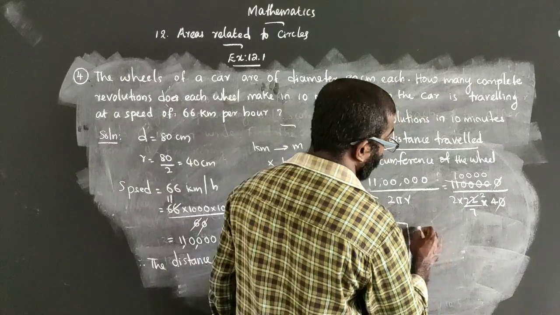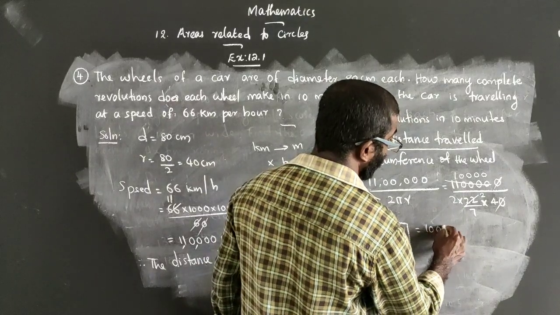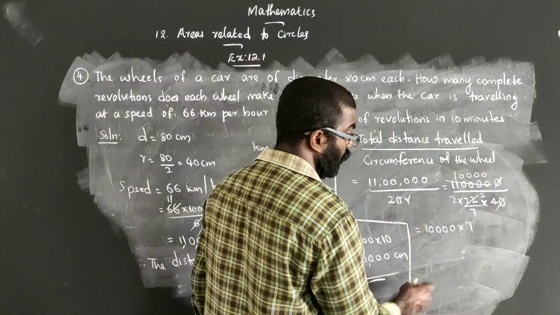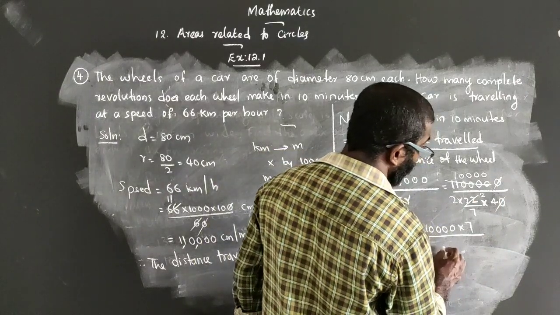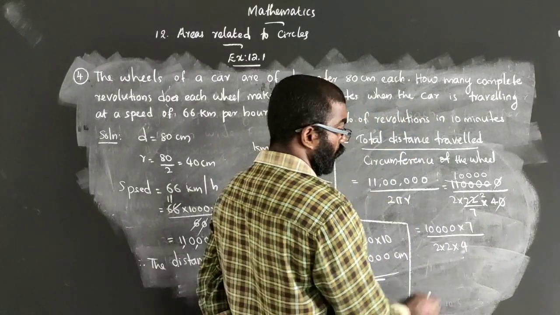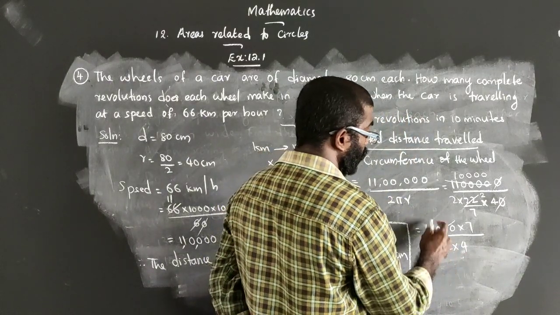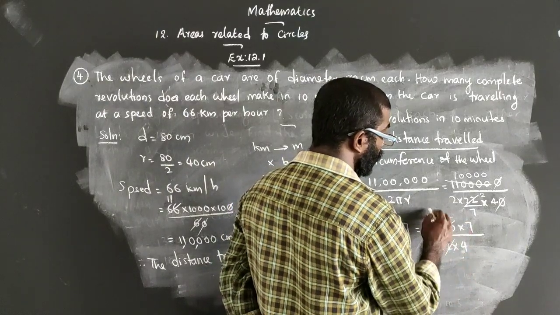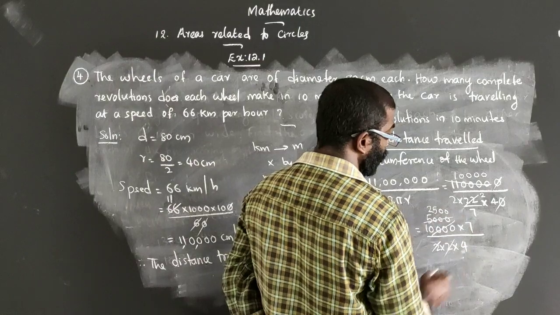Okay. And we can write 10,000 into 7. 7 goes on the numerator by taking reciprocal. Divided by 2 into 4. Again we can cancel this 10,000 by 2, 5,000. Once again we can cancel by 2, 2,500.